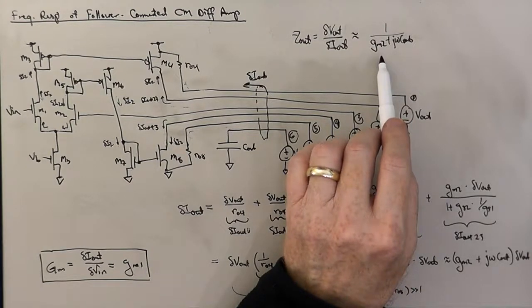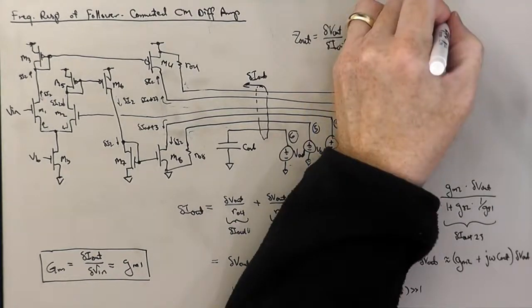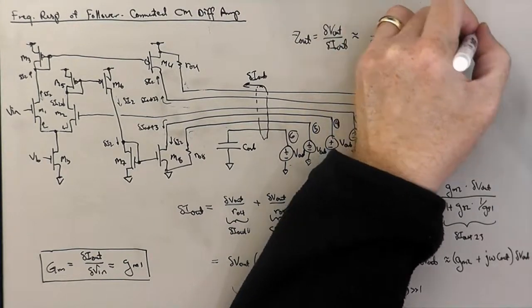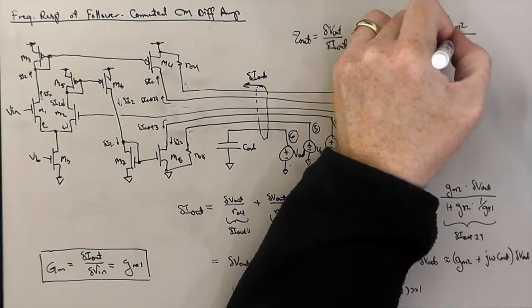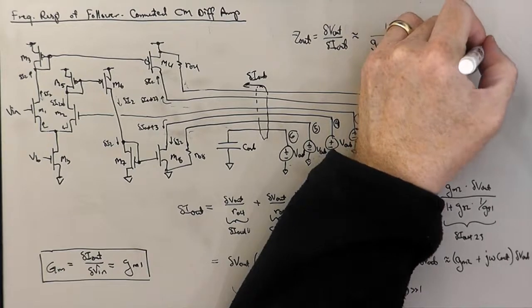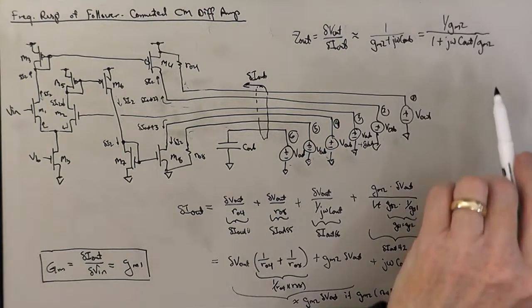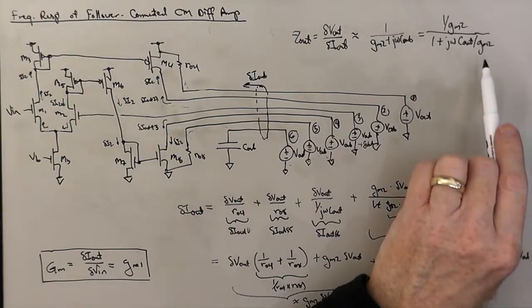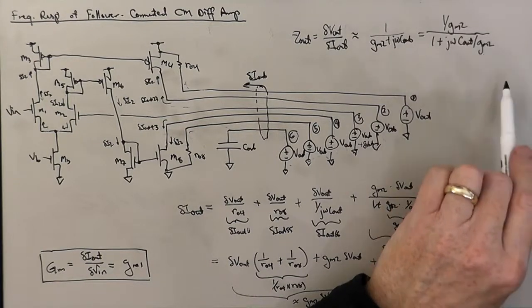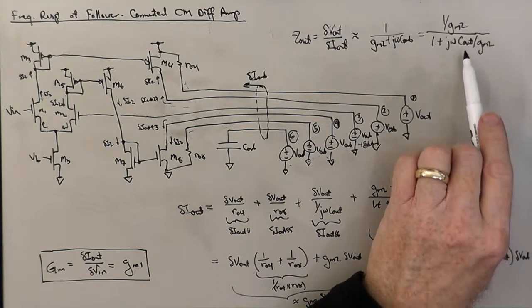So we're going to factor out a GM2, and so this is equal to 1 over GM2 divided by 1 plus j omega C out over GM2. I know our tendency is to not like to see nested fractions here, but C out over GM2 is basically an RC time constant. All right, so this is a tau.